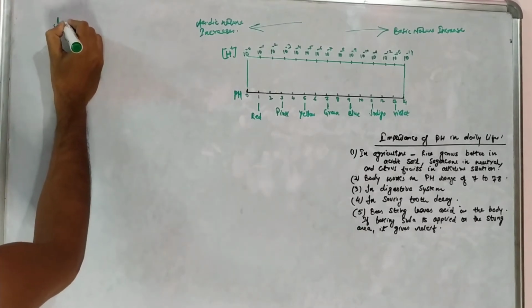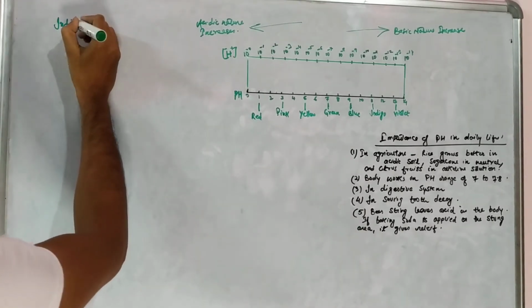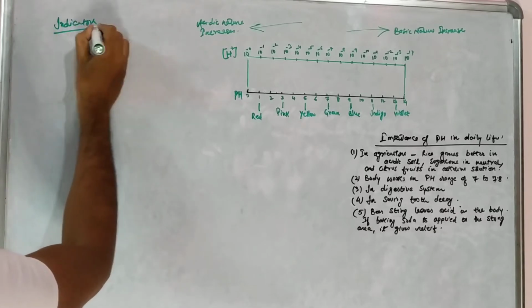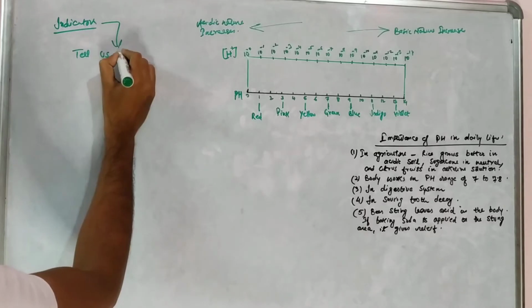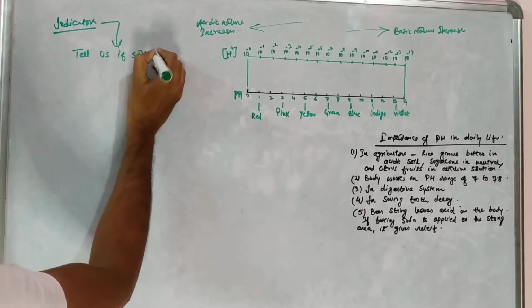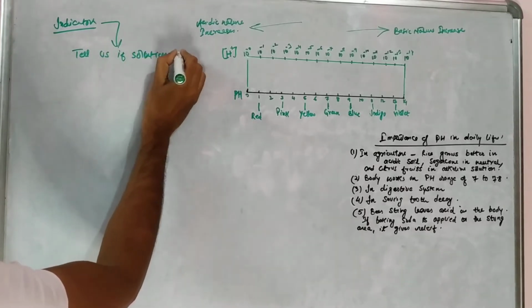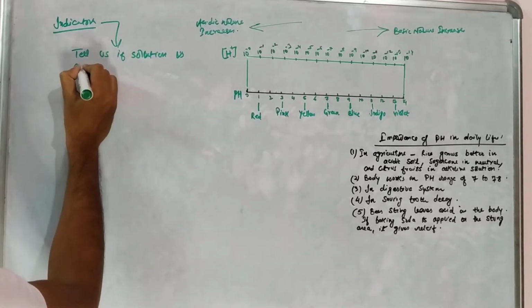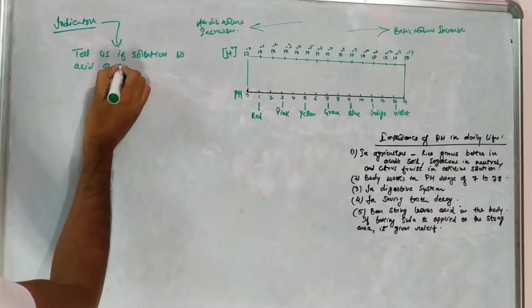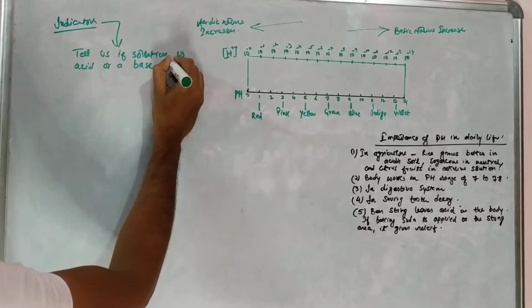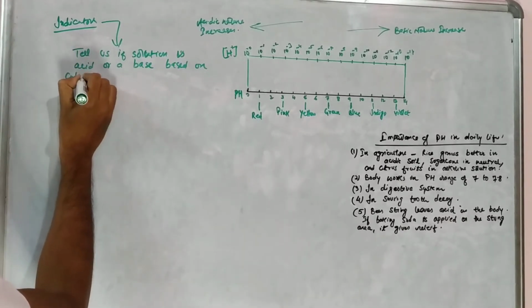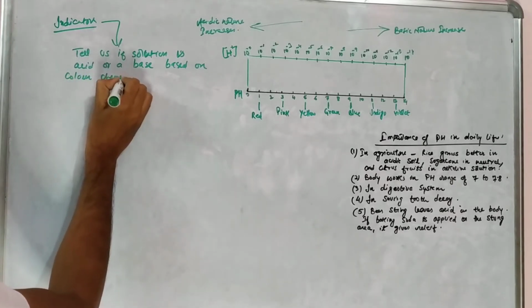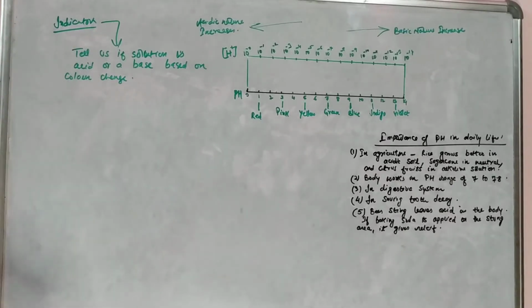We know what indicators will do. Indicators will tell us if a solution is an acid or a base, based on color change. This is the job of an indicator. It will tell you if it's an acid or a base. And what will a universal indicator do?